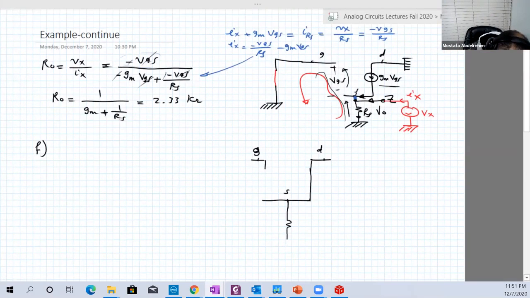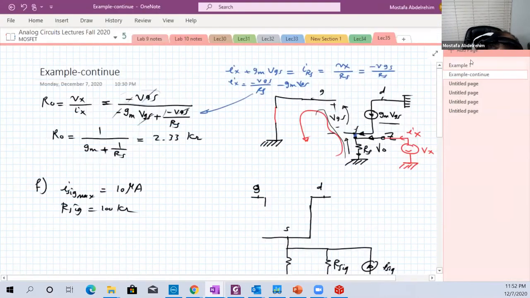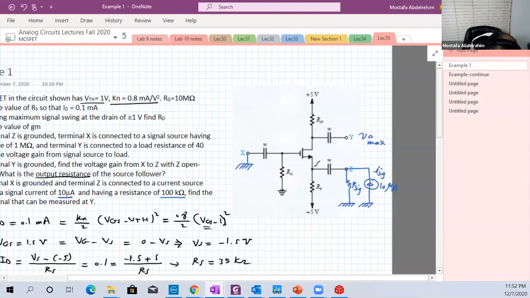So we have RS, we have R signal, which is known, 100 kilo ohm, and we have I signal. The maximum value of I signal is known, 10 microamperes, so I signal max. What is the rest of the circuit? Between the drain and the ground, there is RD.